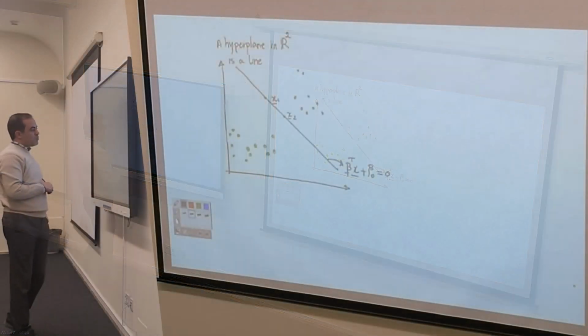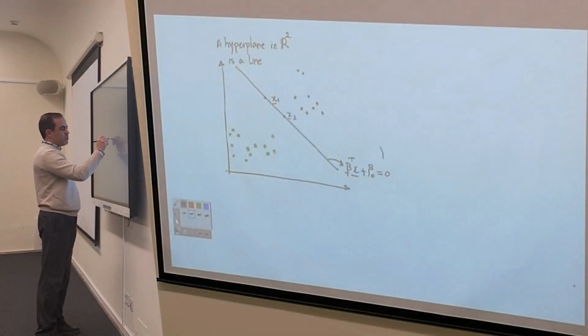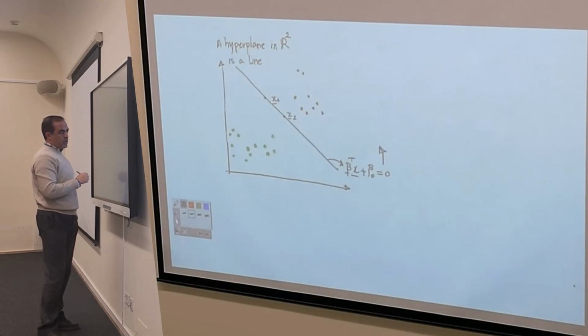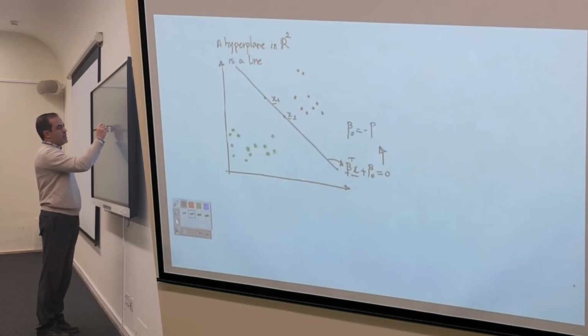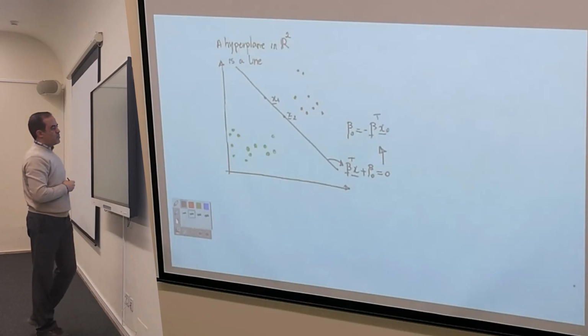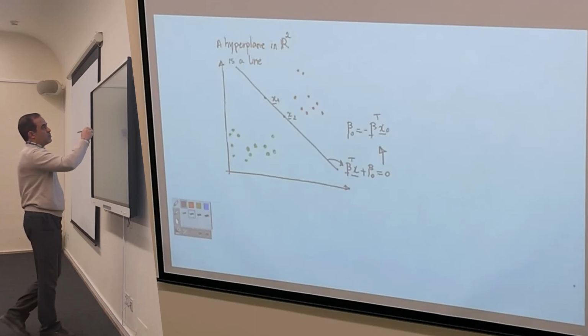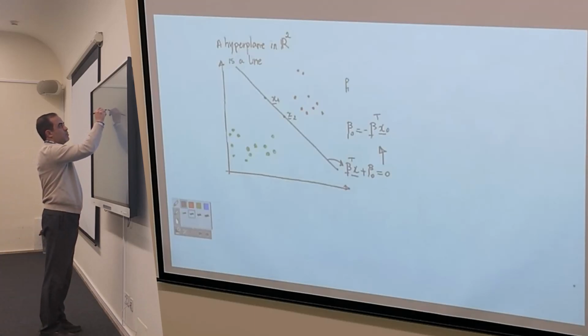So from this, we can conclude that the beta 0 would be equal to minus beta transpose x0, for what?